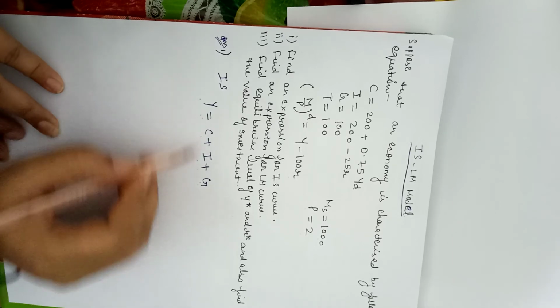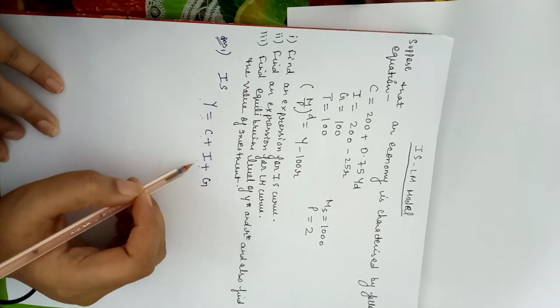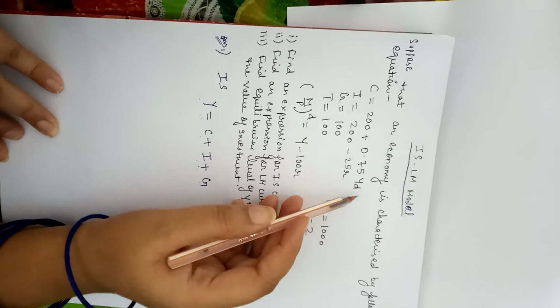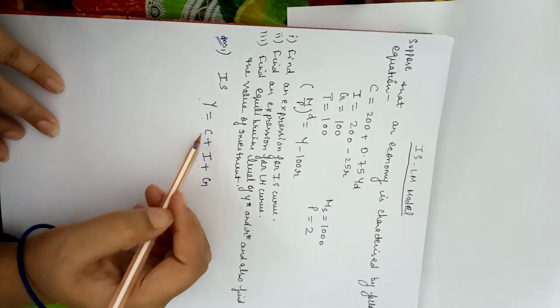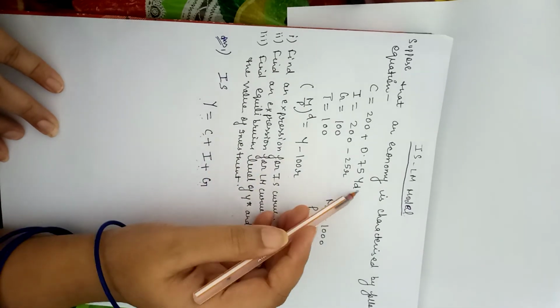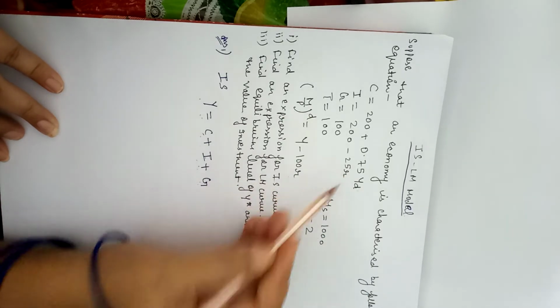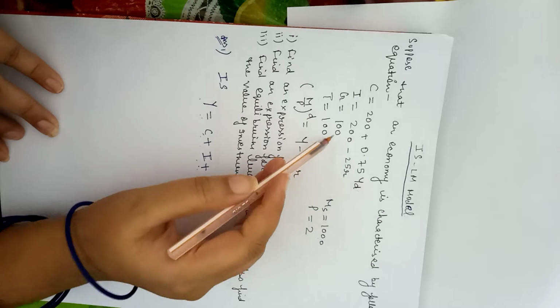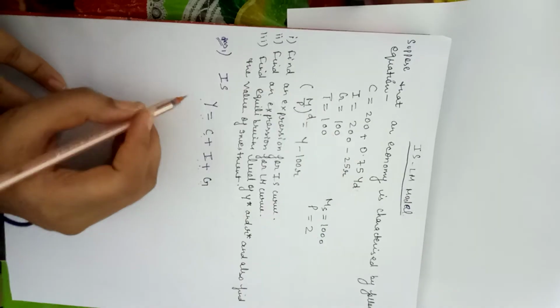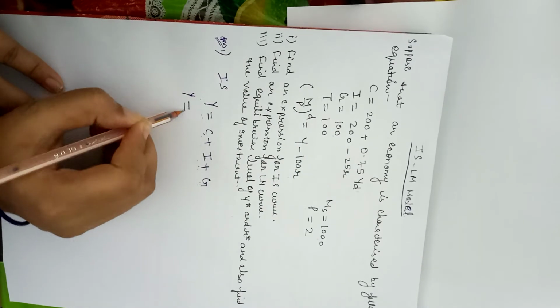Now in this equation we will substitute the given functions: for consumption we will substitute this, for investment we will substitute this, and for government expenditure we will substitute this.